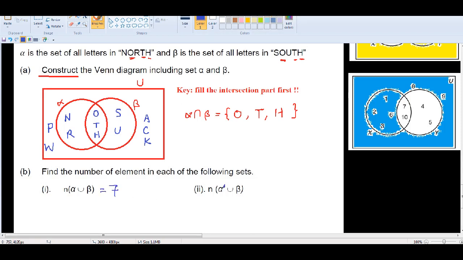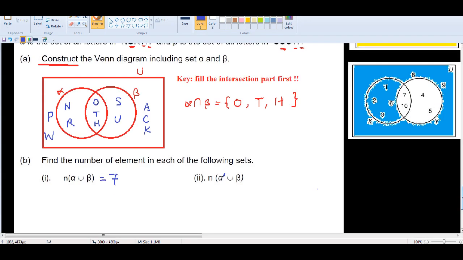This one, be careful. There's a dash, that means this is the complement of alpha union beta. First, let me see the complement of alpha. That means outside the alpha, and you need to union that with beta. So you should include all the data within beta as well.